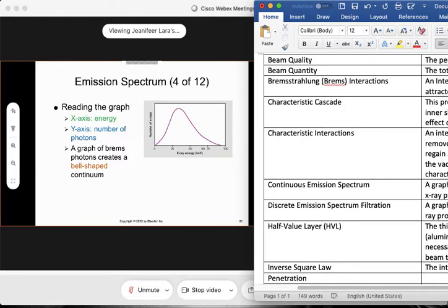So, any questions before we go into emission spectrum? Can I just clarify one thing about the characteristic? So I'm understanding correctly that kinetic energy in that interaction, the movement of the filament electron, strikes one of the shell electrons and displaces it, right?